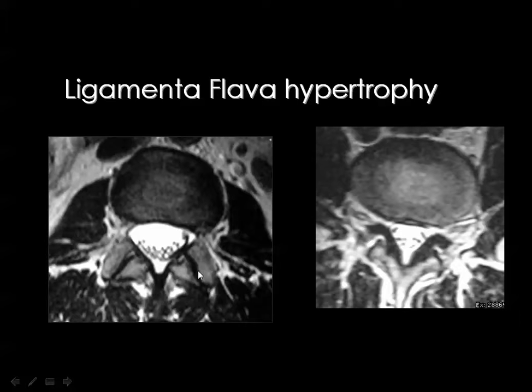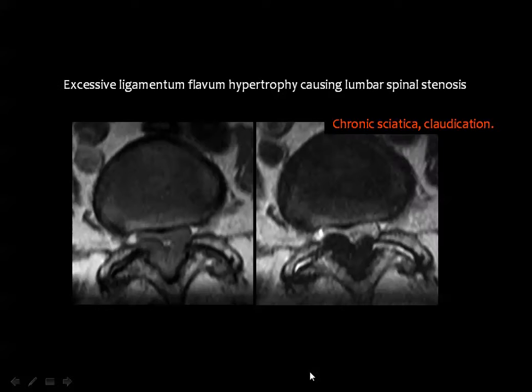And this is the difference between normal ligamentum flavum, which looks like a thread-like structure lying against the inner aspect of the lamina, and this is the hypertrophied ligamentum flavum, which is much thicker. This is an extreme example of how extensive hypertrophy of the ligamenta flava can affect the diameter of the spinal canal.